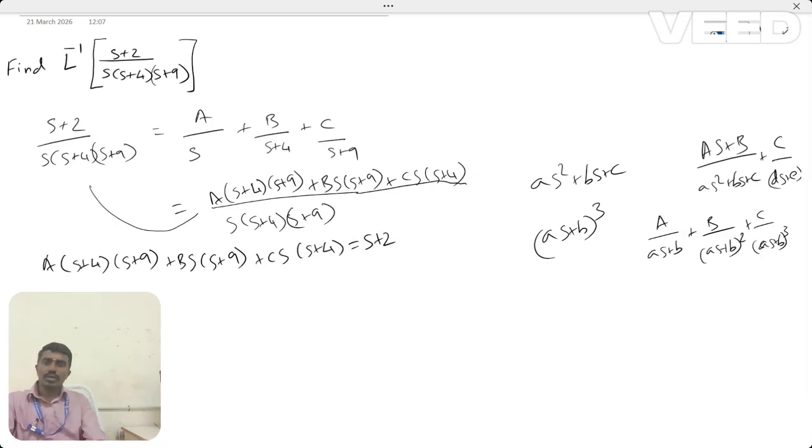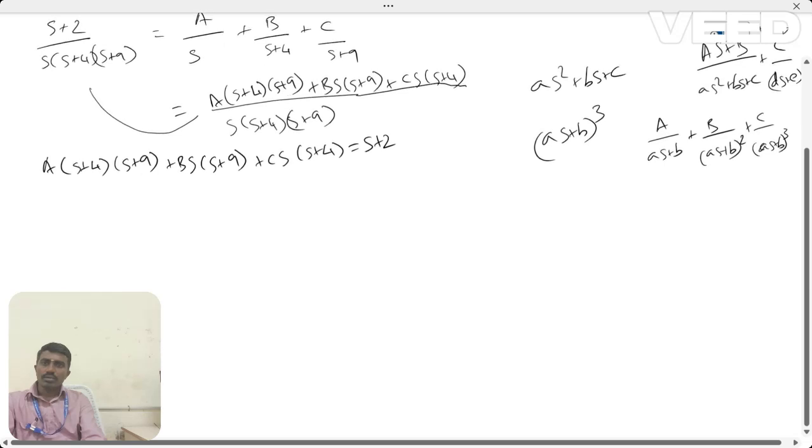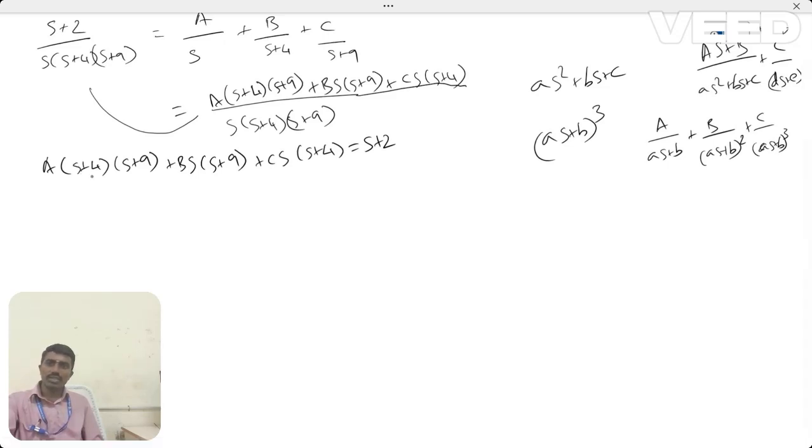Now we need to find the values of A, B, C either by substituting values for s or by equating the coefficients. I'm going to find the values of A, B, C by substituting values for s. First substitute s equal to 0.